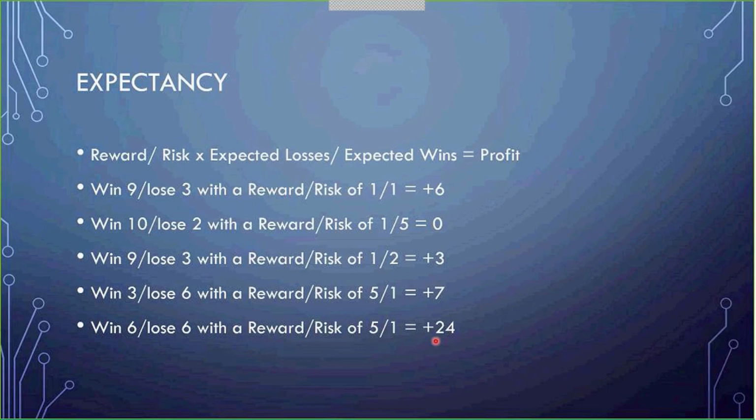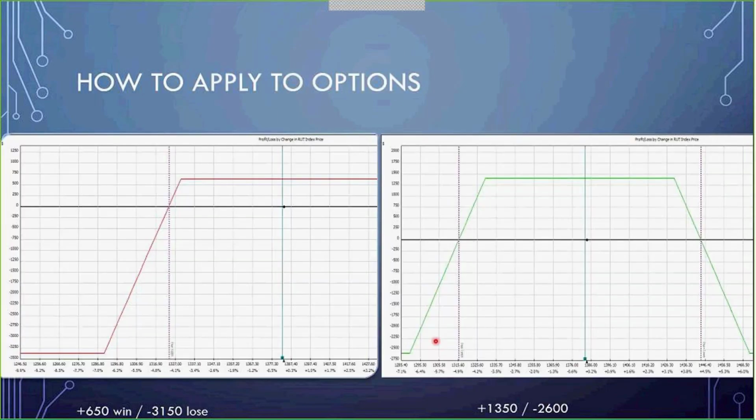So how do we use this? Well, let's start talking about this in terms of options. So at first, we're going to just talk about a normal vertical. What is the risk reward of the vertical? Well, the vertical, if you hold this to expiration, this is where the market is. If you hold this to expiration, we're going to get $650.